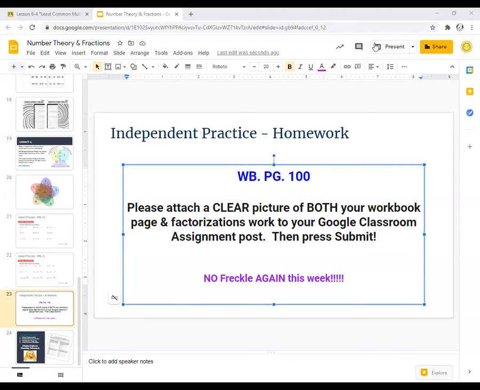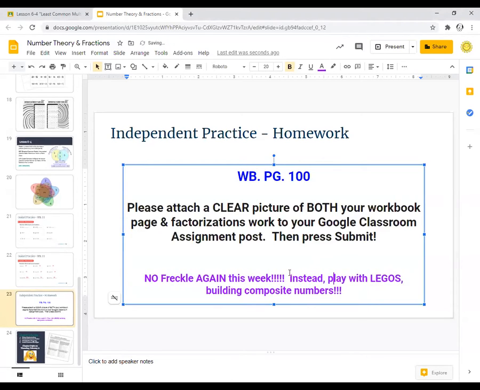There we go. How's that, everyone? Is it clear now? You have no freckle? But instead, what do I want you to do? Use Legos. Font size 50. How's that? Is that better than doing freckle this week?